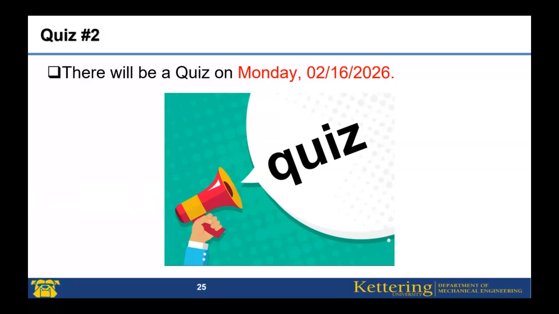Any questions? No. For today, I will distribute this. It's a class participation. Draw a free body diagram for this kind of figure, write it, scan it, and upload it in Blackboard. I wrote the instructions.